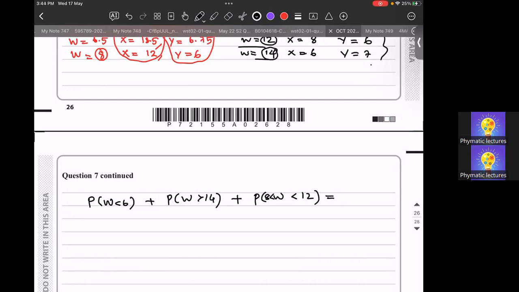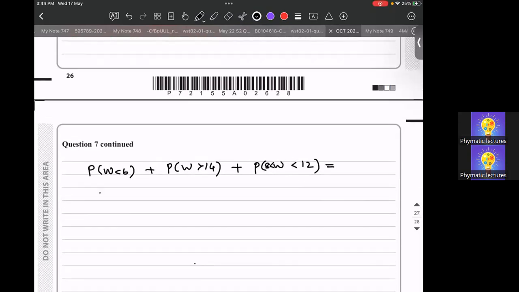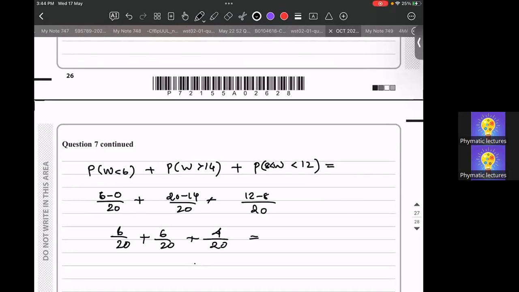So adding all these probabilities: 6 minus 0 over 20, plus 20 minus 14 over 20, plus 12 minus 8 over 20. So 6 by 20 plus 6 by 20 plus 4 by 20. So 6 plus 6 is 12, plus 4 is 16 by 20. So it is 4 by 5. So the answer for this question is 4 by 5. So that's all about this question.